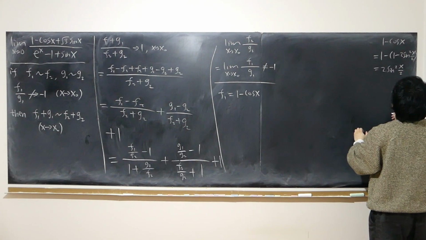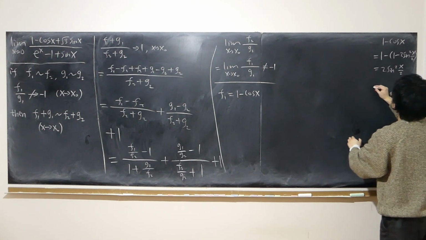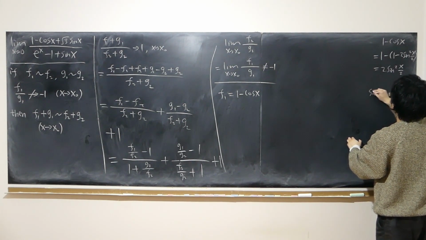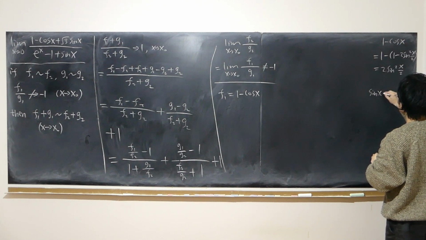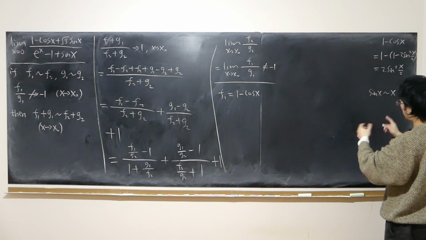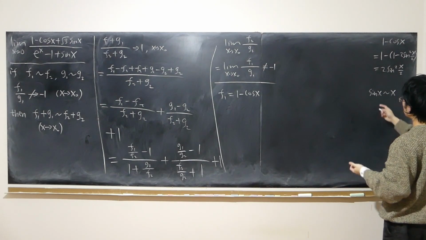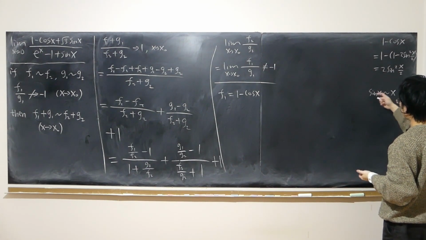And we also know that sine x and x are equivalently infinitesimal as x approaches 0, so this over that approaches 1.